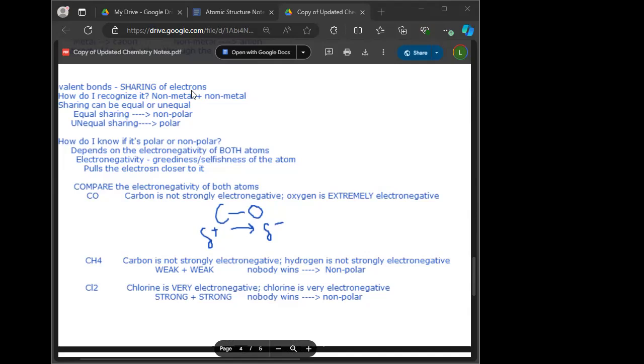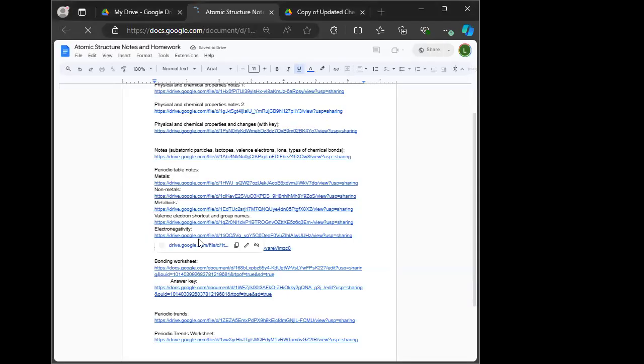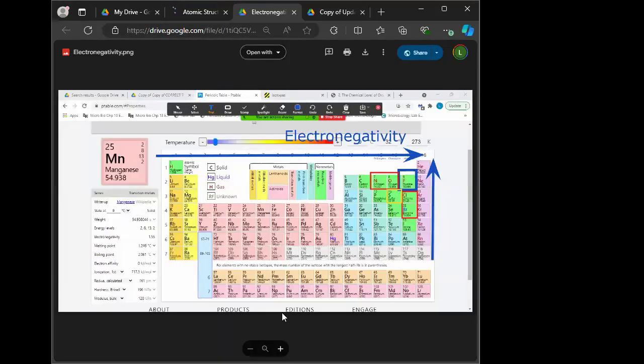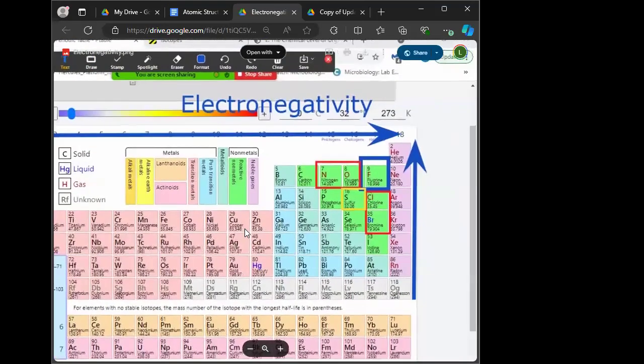Now, you might be wondering, how are we supposed to figure out the electronegativity of the atom? How do we know if it's electronegative or not? That is something that you can predict from the periodic table.